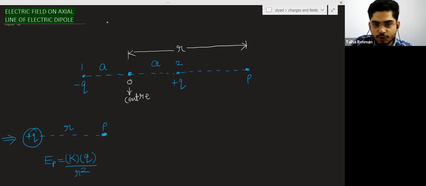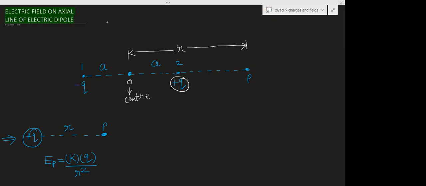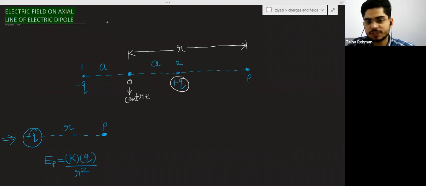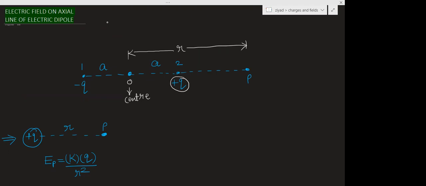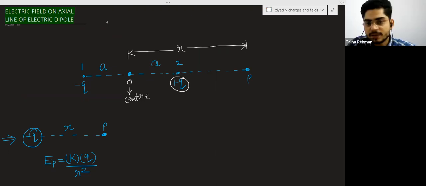So due to this charge, what will be the direction of the electric field at this point P? Positive, right? This charge is positive, and I want the direction of the electric field at this point P. This charge will try to repel.